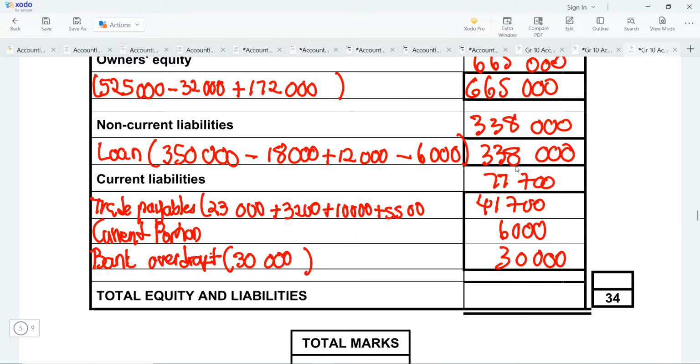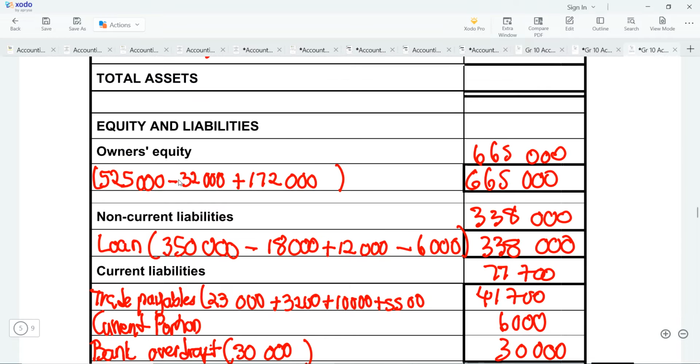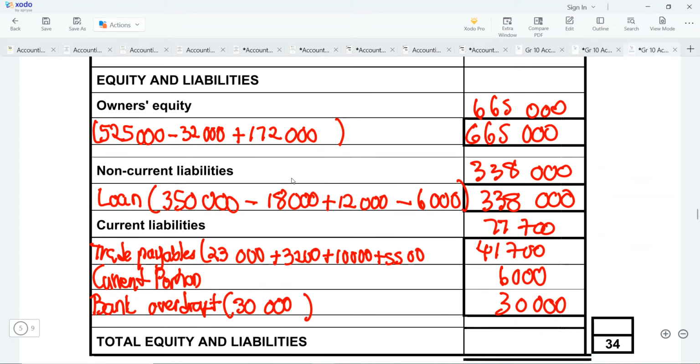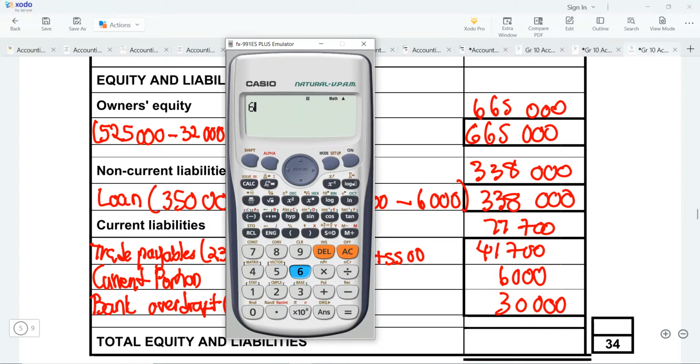Now from there, what we need to do, we just need to add our equity plus liabilities. Remember, the accounting equation says assets equals to owner's equity plus liabilities. So in this case, our owner's equity is 665,000. Our non-current liabilities is 338,000, and then our current liabilities is 77,700.